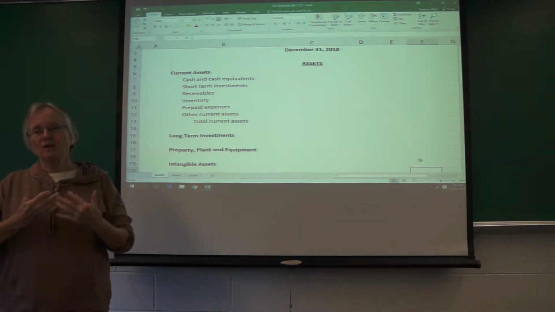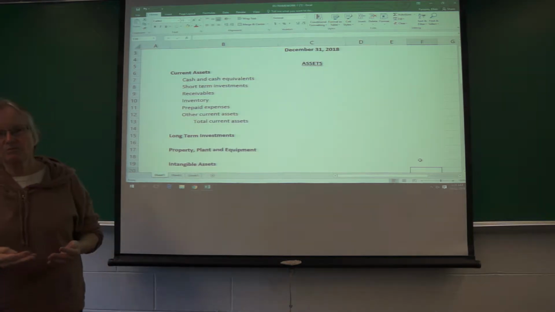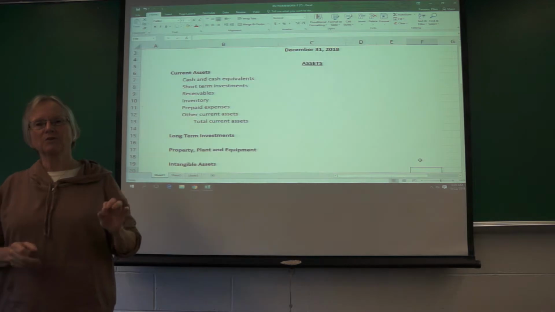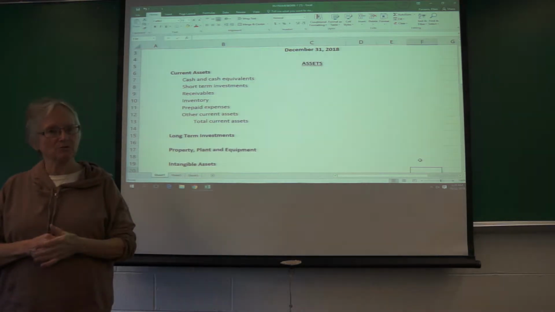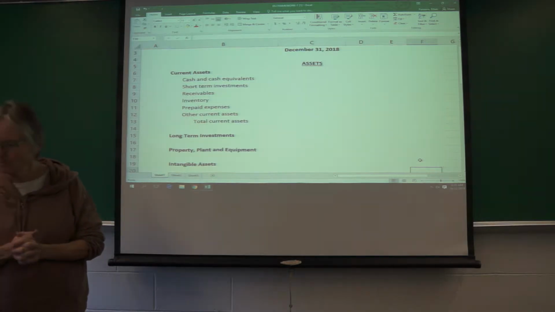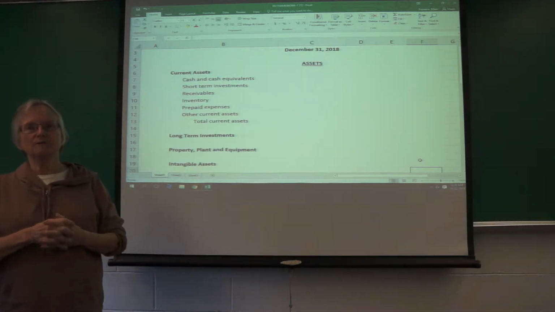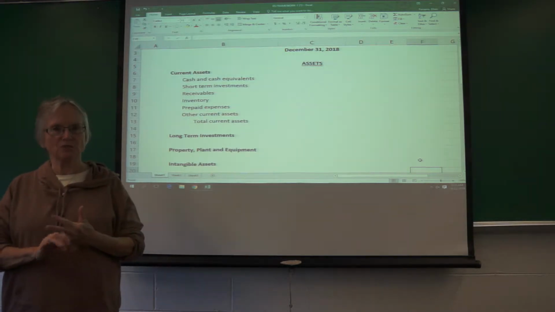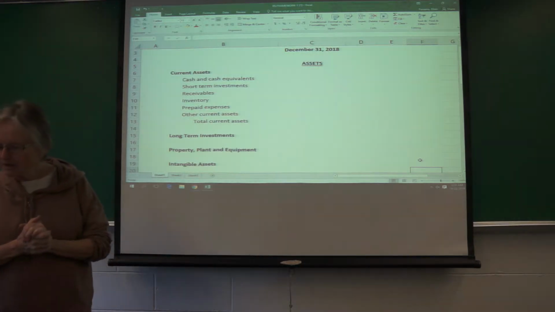So we cannot overstate our assets by just saying, oh yes, this is our accounts receivable. We're also going to have to show it net of the allowance for doubtful accounts, which is based on how much we expect not to collect. So receivables are reported at their net realizable value, or otherwise cash realizable value, same thing.